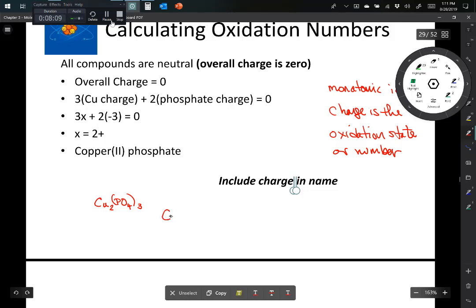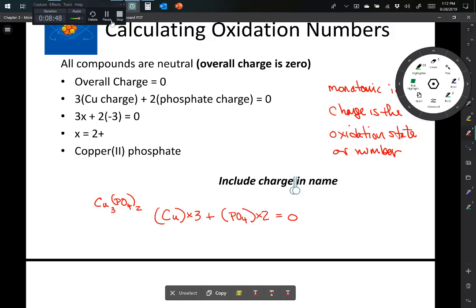I know that if I take the charge of copper times 3, and I add the charge of phosphate times 2, that equals 0. This is what we're saying, when you add up the charges, it's electrically neutral, equals 0.